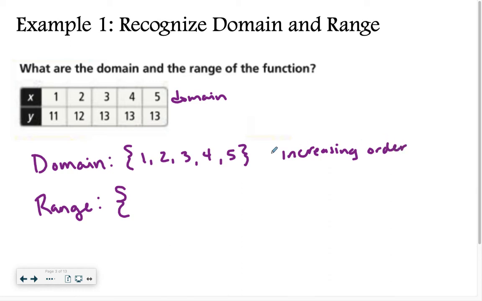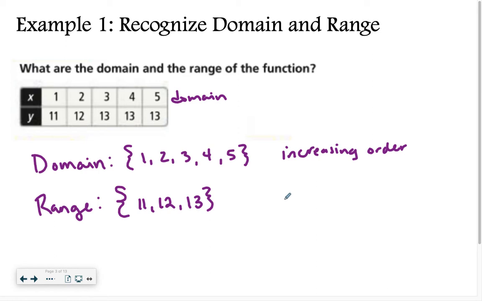The table already had these numbers listed in increasing order, so I just had to copy them down the way that they were. And then the range is 11, then I have a 12, then I have a 13, then another 13, and another 13. I don't have to list 13 three times, I just get to list it once, okay? So my range is 11, 12, and 13.